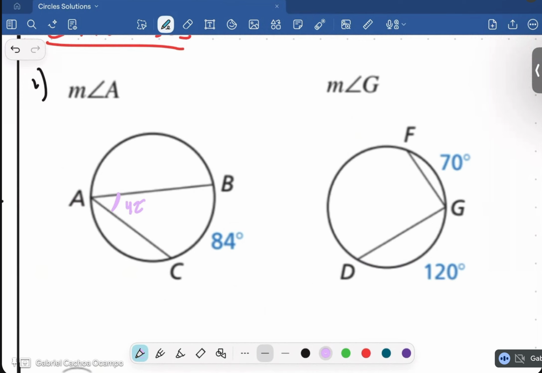If this measures 70 and this measures 120, that means that I can calculate how much this arc measures, because this arc measures 360 minus 120 minus 70. So that is 360 minus 190. I left my calculator somewhere else.